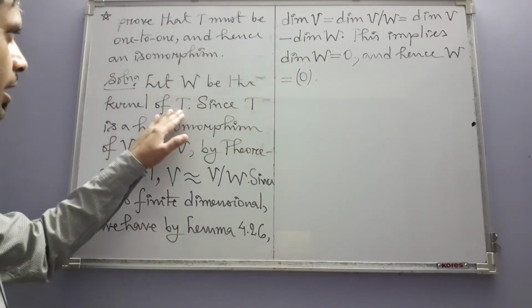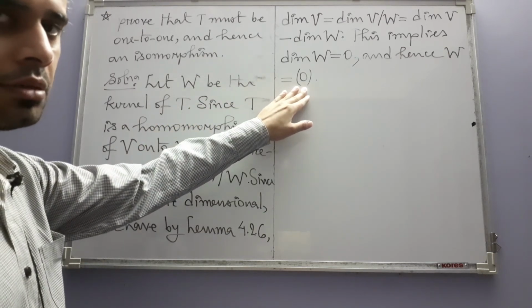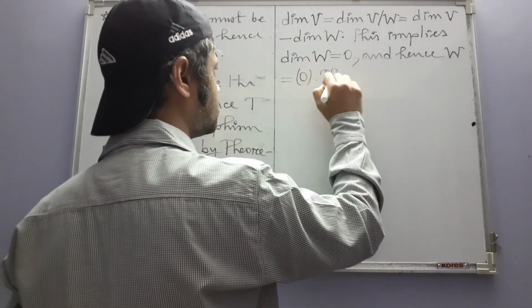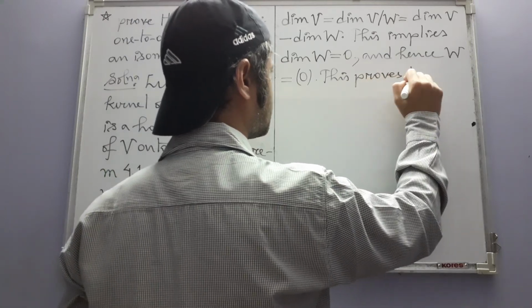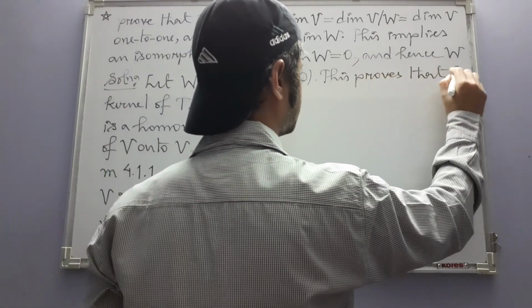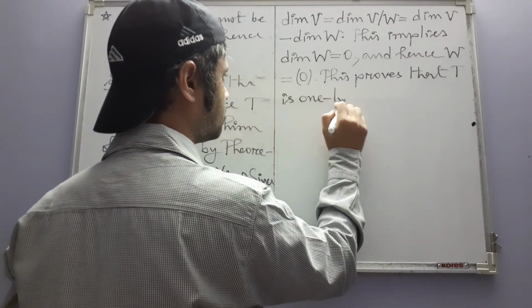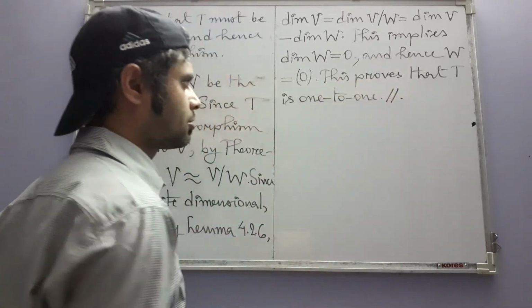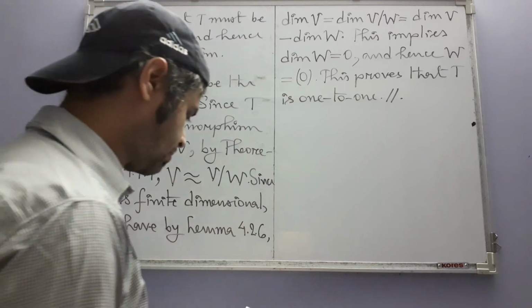But W is the kernel of T, so that means the kernel of T is the trivial subspace. This proves that T is 1-to-1 and hence an isomorphism. So that's what we wanted to show, and this one is also over.